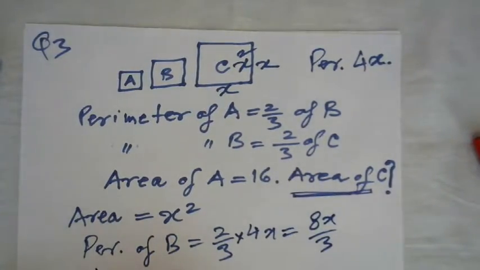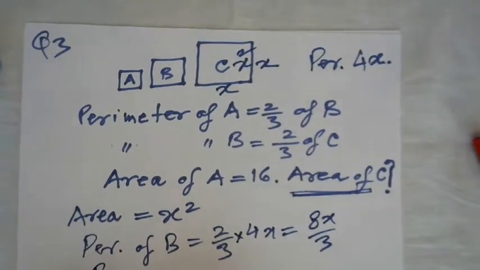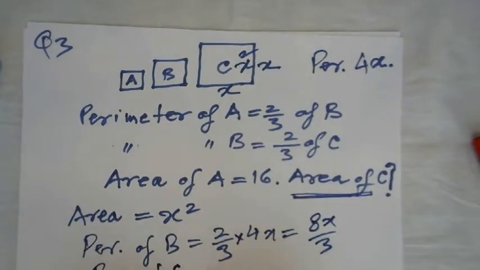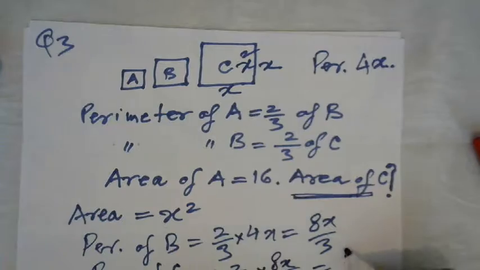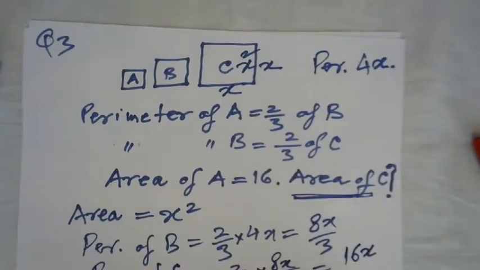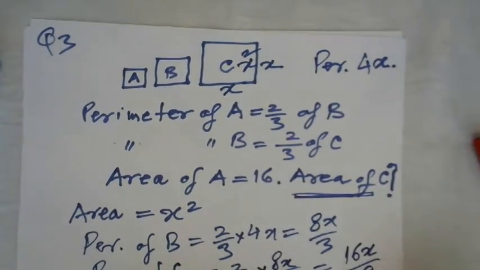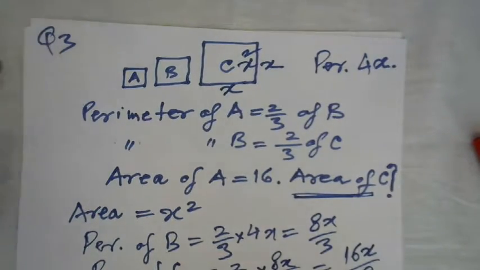And the perimeter of A is 2 by 3 of the perimeter of B, which is 8x by 3. So this would be 8 2s are 16, x, 3 3s are 9. So this perimeter of A is 16x by 9.